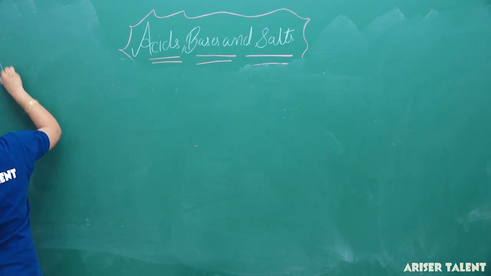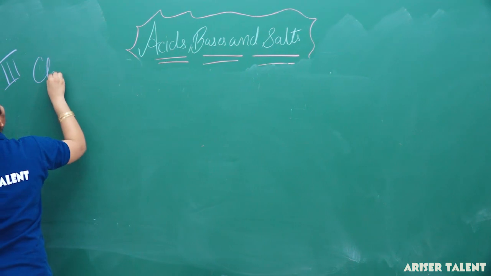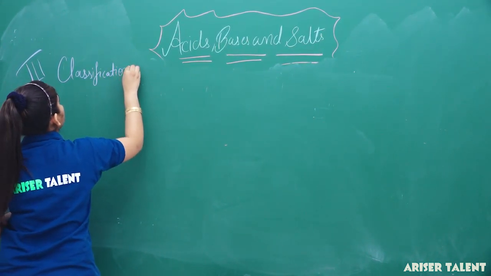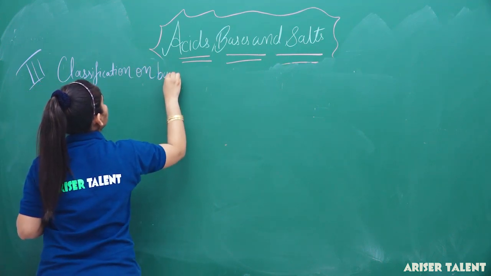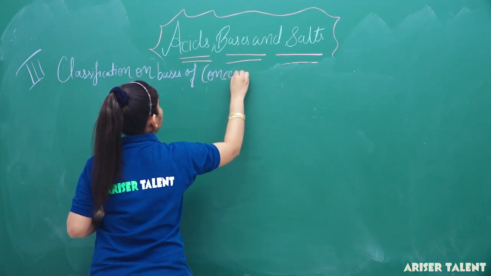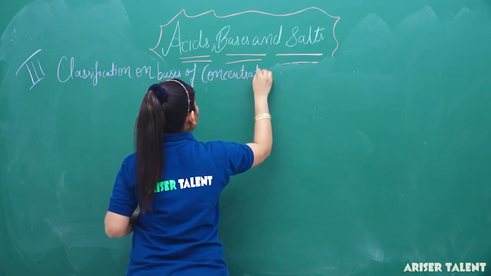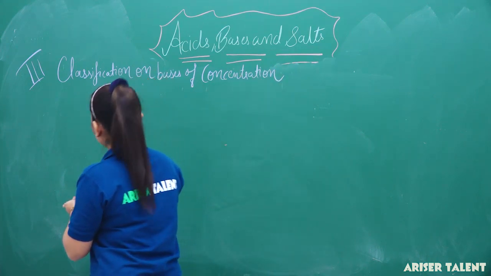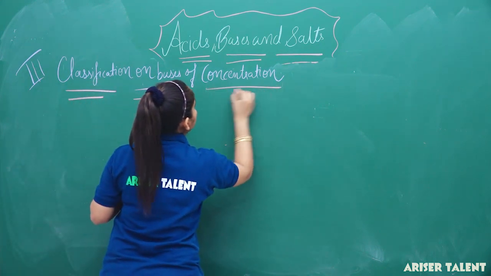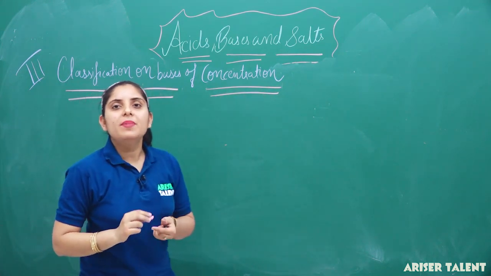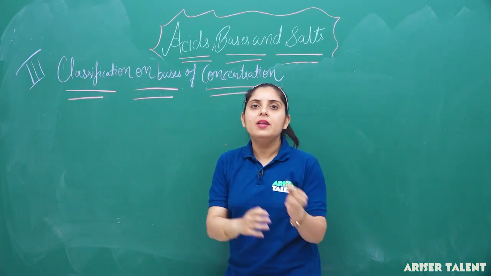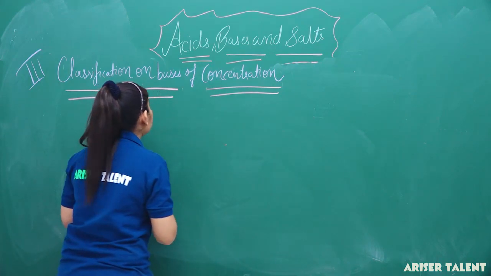On the basis of concentration, we have two categories of acids again, that is the dilute one and the concentrated one.